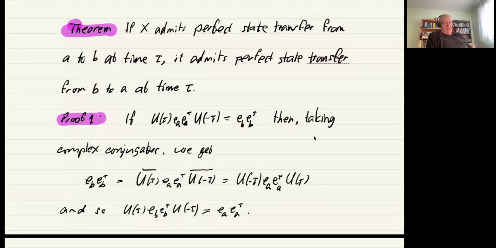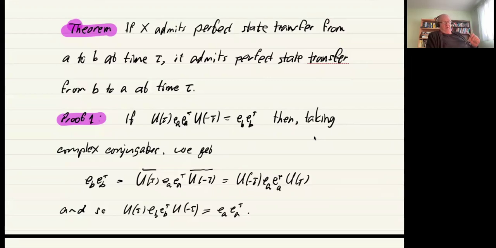The complex conjugate of U of t is U of minus t, and the complex conjugate of U of minus t is U of t. So we get this equal to this. And now we just pull the U's over to the left, and you get EB transpose U of minus tau is equal to EA transpose.